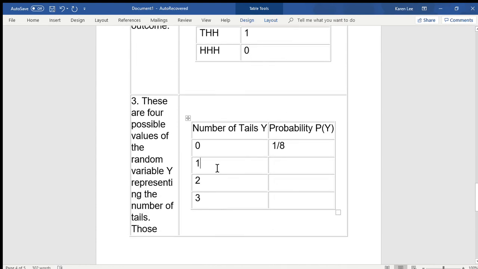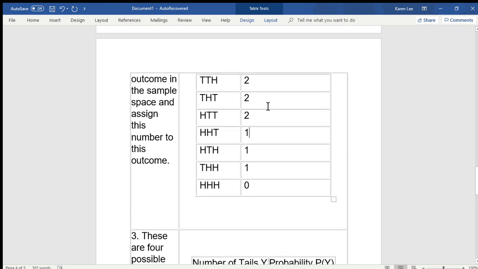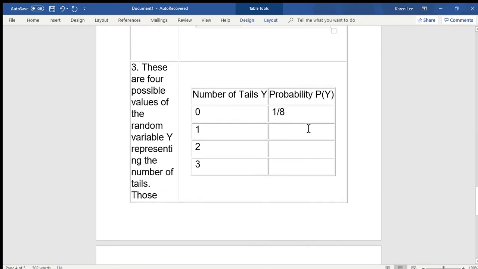Next, again, there are 8 possible outcomes and we saw that 1 tail appeared three times. So, therefore, the probability will be 3 over 8.